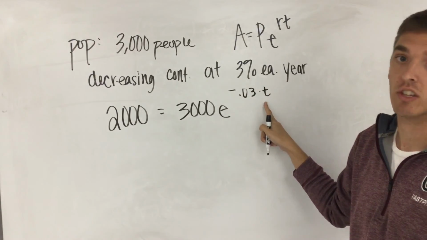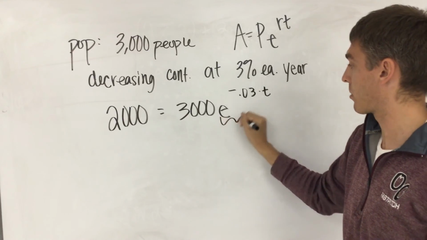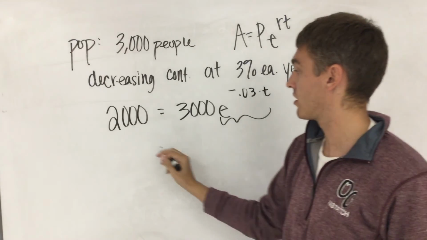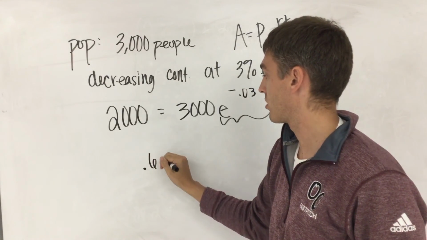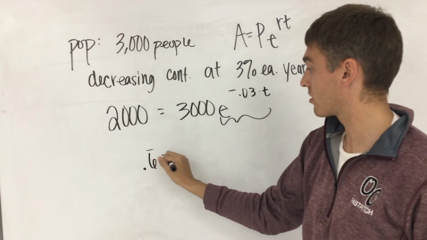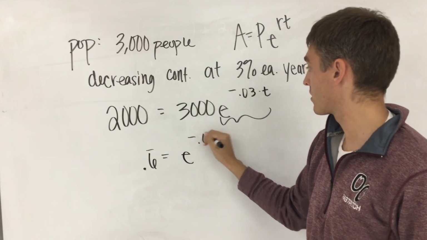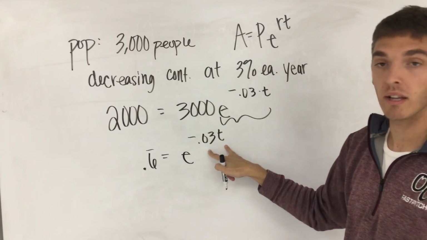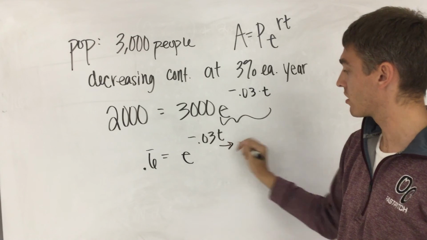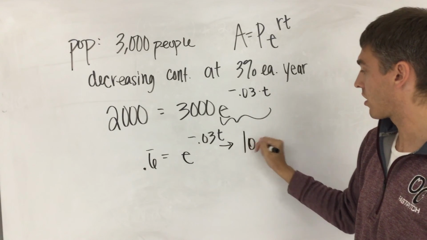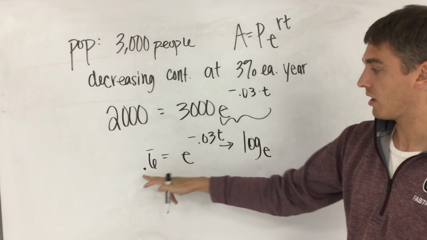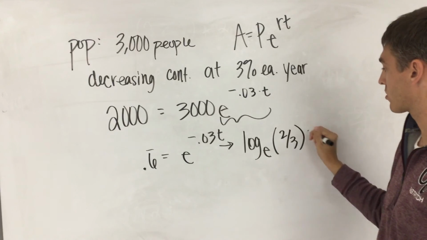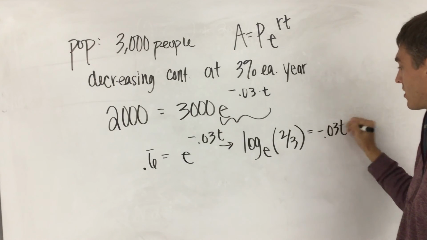So our goal is to solve for t. So again, we want to get the part with the exponent by itself. So divide both sides by 3,000. And you should get 0.6 repeating, 2/3. Now that we got the part with the exponent by itself, rewrite this using a log. So this will be log base e of 0.6 repeating, 2/3, equals negative 0.03t.